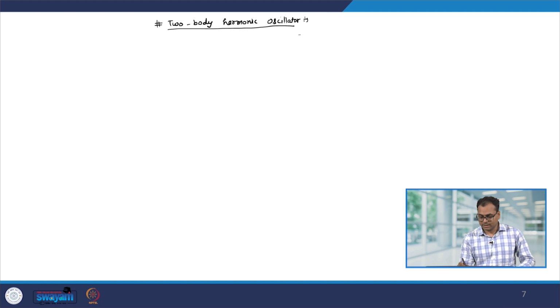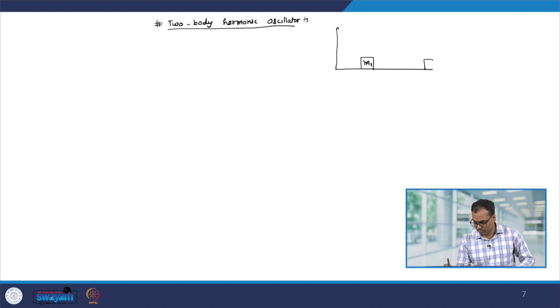Now, let us look at the two body harmonic oscillator. Okay. So, let us say I have two masses m1 and m2 and they are attached by a spring. Okay.